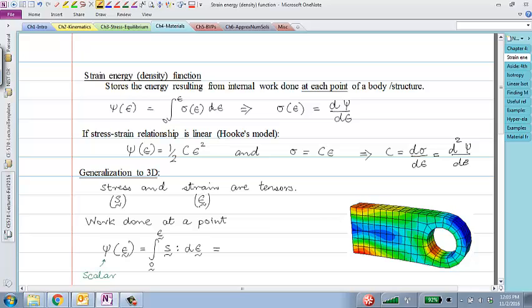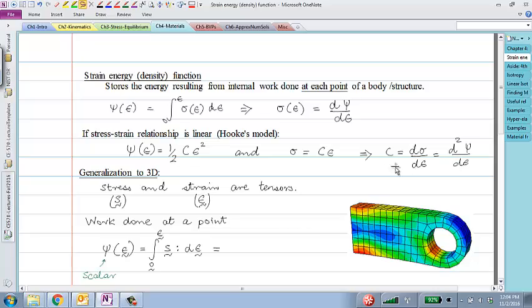So at a particular point in the body, if I have a hyperelastic material, I'm trying to relate stress and strain using this strain energy density function. If I know the function, I can take the derivative of that function to get stress at that point, and another derivative to get the rate of change of stress as strain changes.